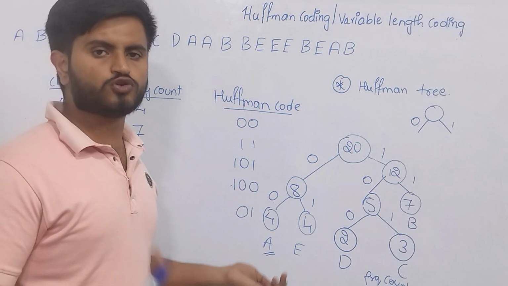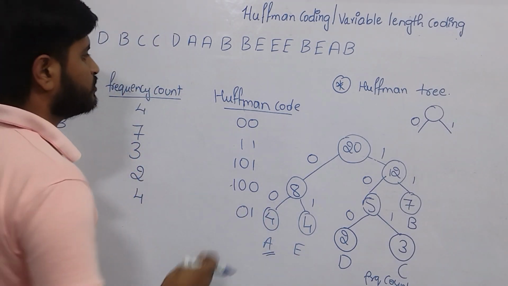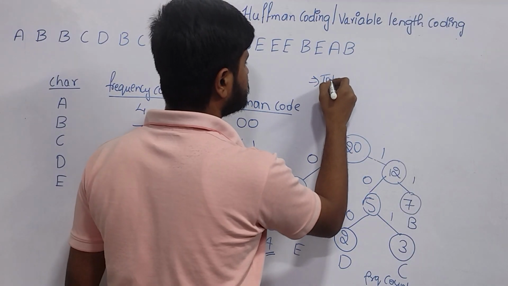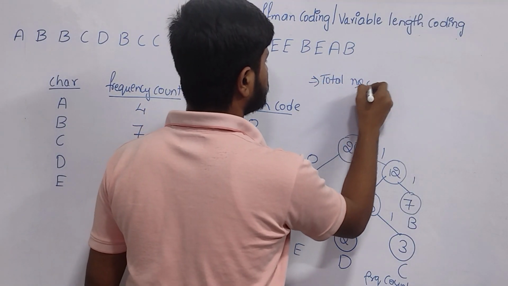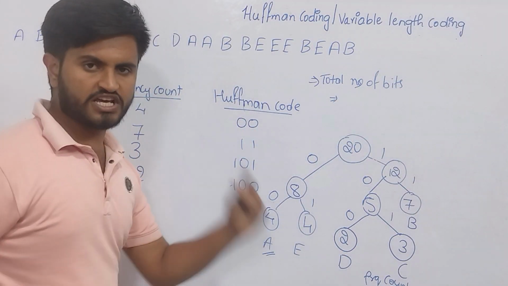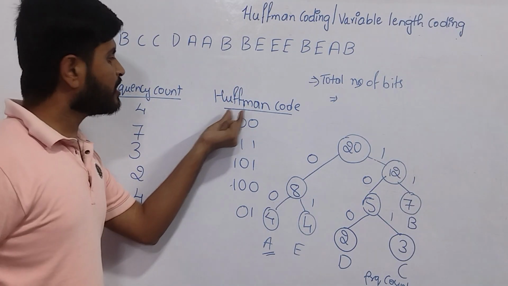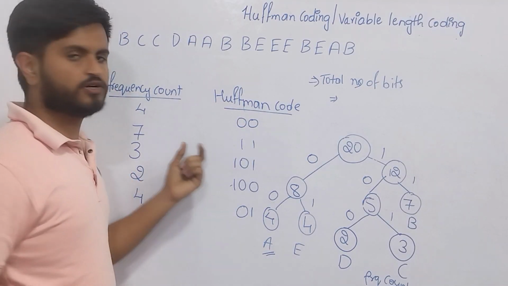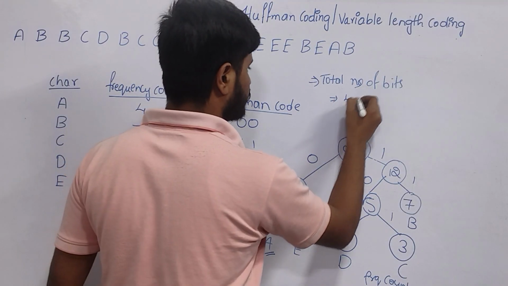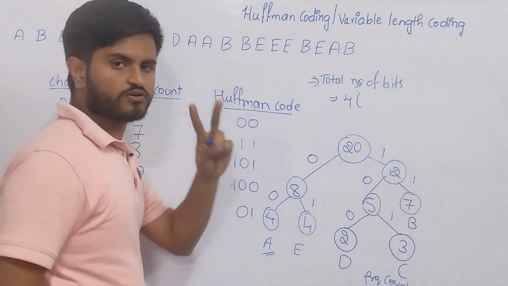Now you can find the total number of bits also. So how to find the total number of bits? I will show here. Total number of bits will be equal to frequency into number of Huffman code bits. For A, the frequency count is 4 into number of Huffman code bits 2.